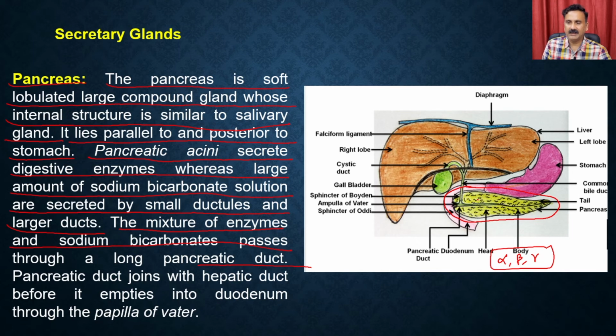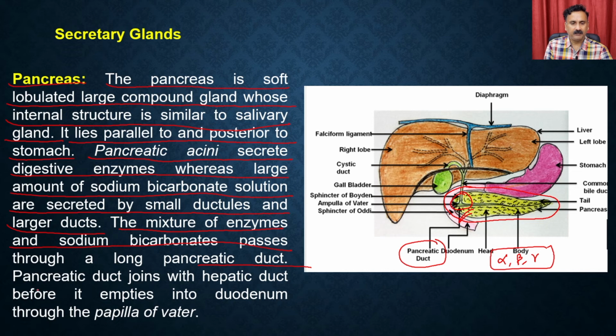The pancreas has two sides, the head on this side and the tail on this side. As I said, the pancreas is made up of alpha, beta and gamma cells, and it is connected to the alimentary canal with the help of the pancreatic duct, which delivers the content into the duodenum, right.